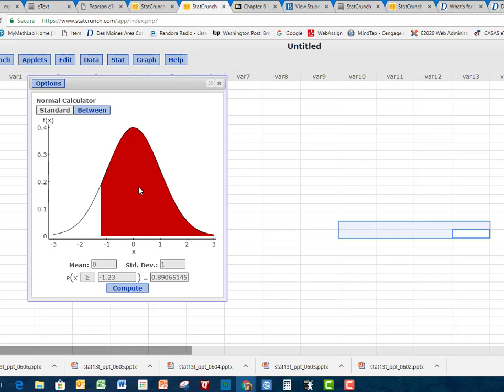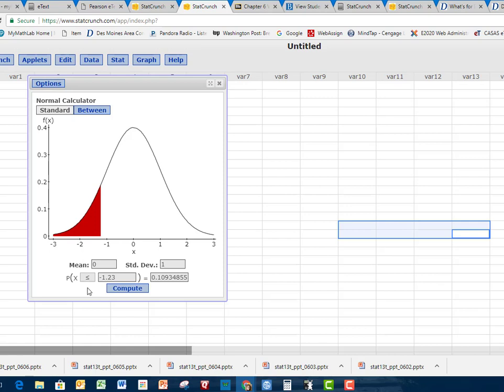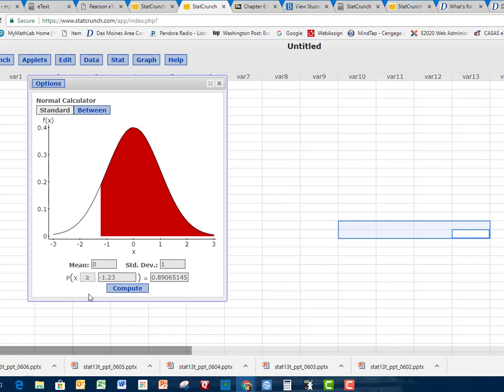Now, your work with this calculator on StatCrunch will be more accurate than the work with the table, because the table can only be rounded. I mean, it's rounded to 4 digits, and we only have 2 places in our z-score. So just remember that. And the other thing is because we can switch this, we're not stuck with reading only to the left. We can read to the left and to the right depending on what we need.